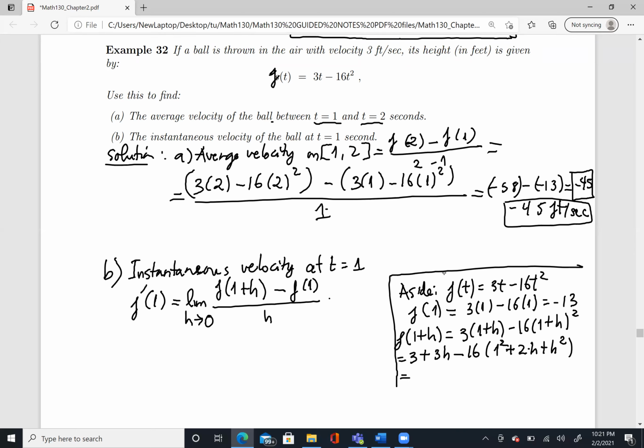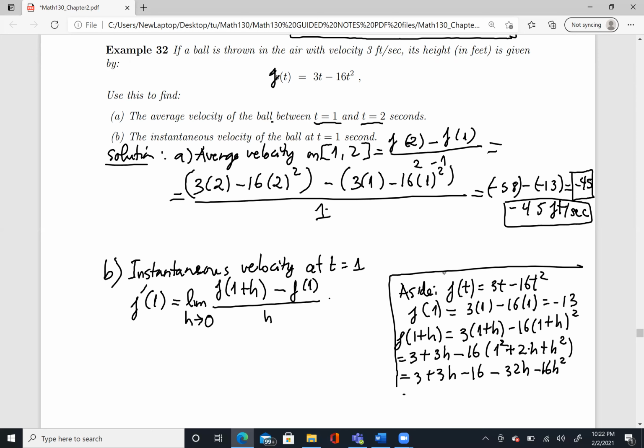And then one more time distribution: I have 3 plus 3h, minus 16 times 1 is minus 16, minus 16 times 2h is minus 32h, minus 16 times h squared is minus 16h squared.